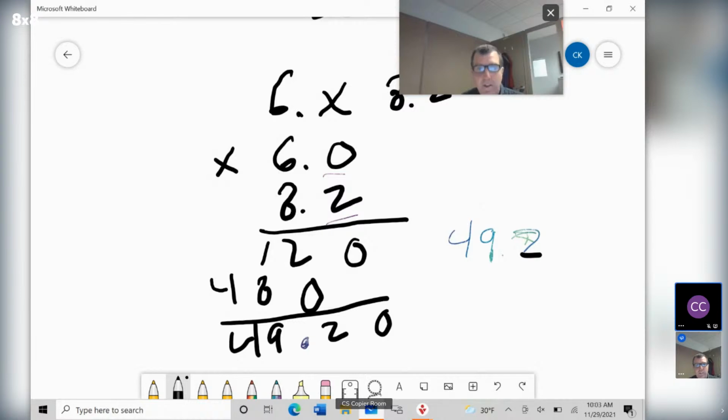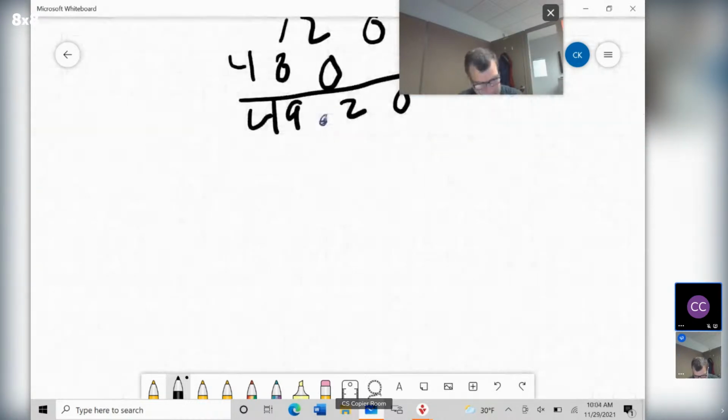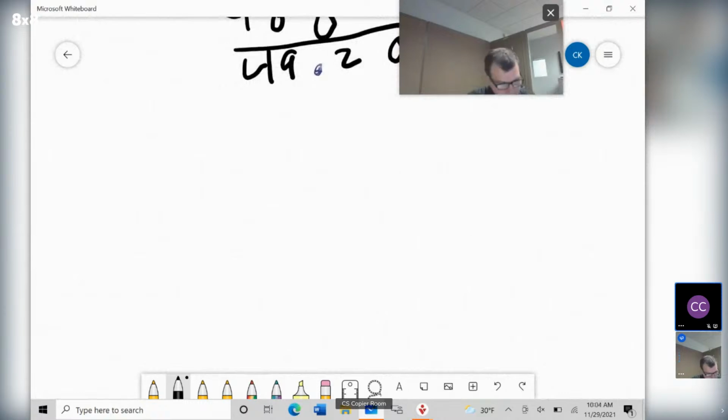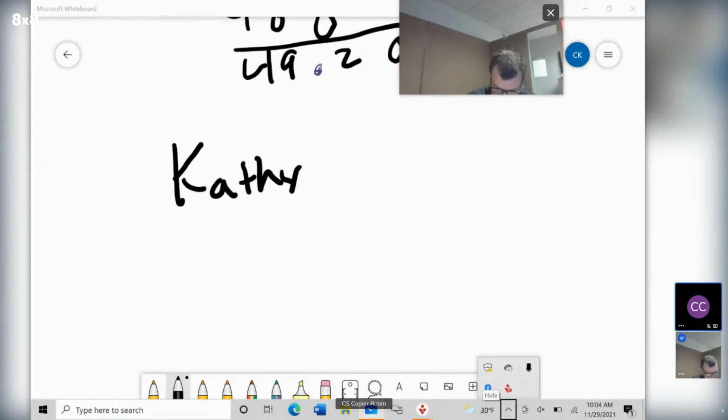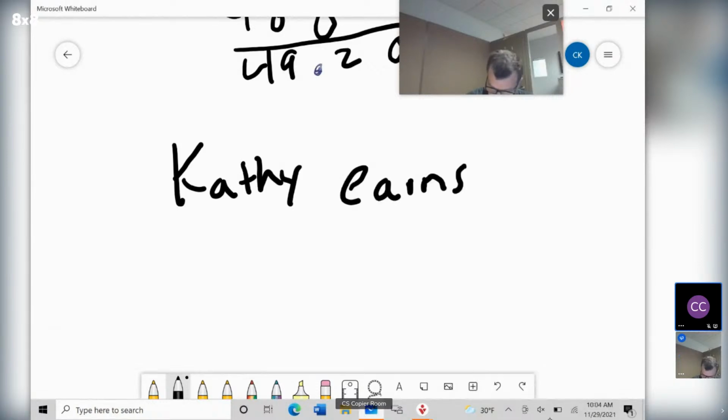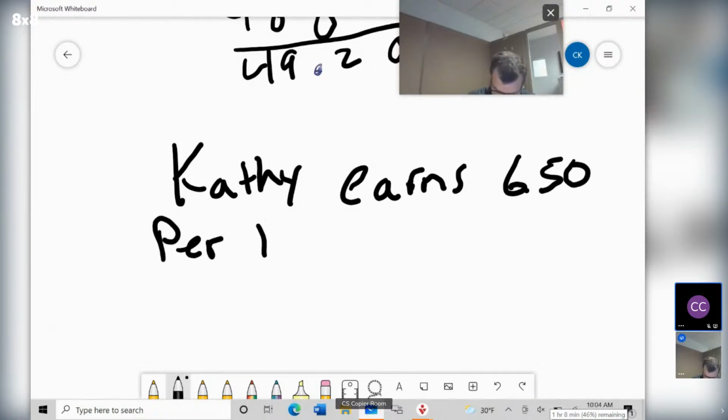Okay, so let's look at a word problem with decimals now. It says Kathy earns, and you can tell this is old, $6.50 per hour at her babysitting job.